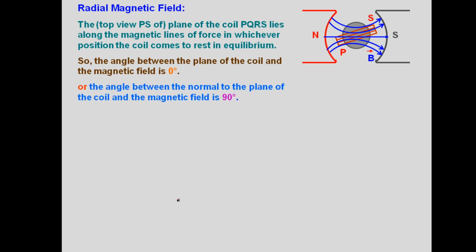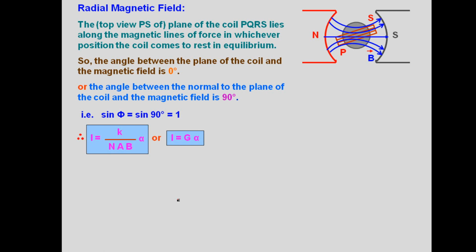So the angle between the normal to the plane of the coil and the magnetic field will always be 90. So sin phi will be sin 90, that means 1, and the formula will be this. So I equals K upon NBA alpha. So I equals G alpha. Here G is called the galvanometer constant.